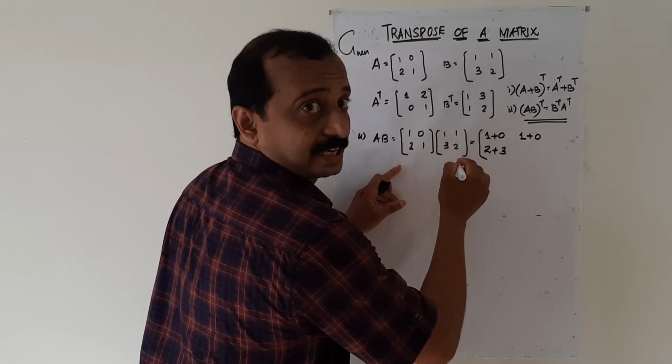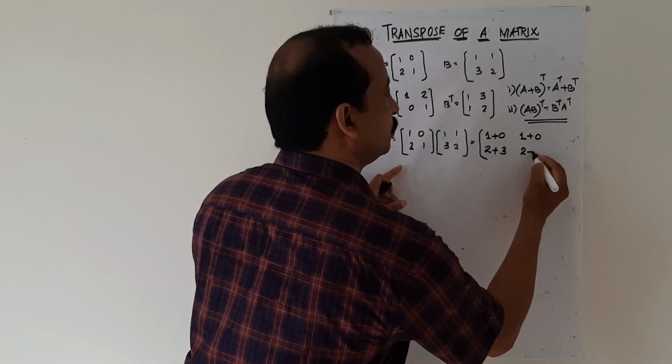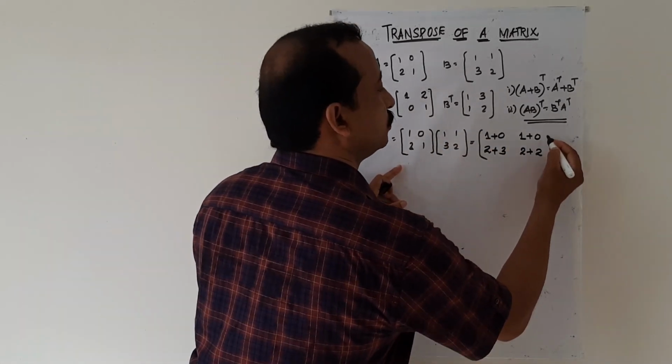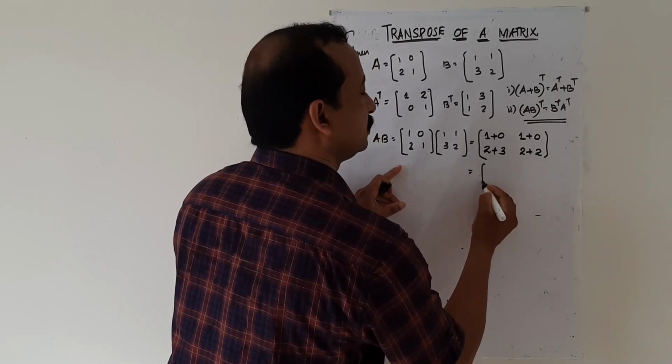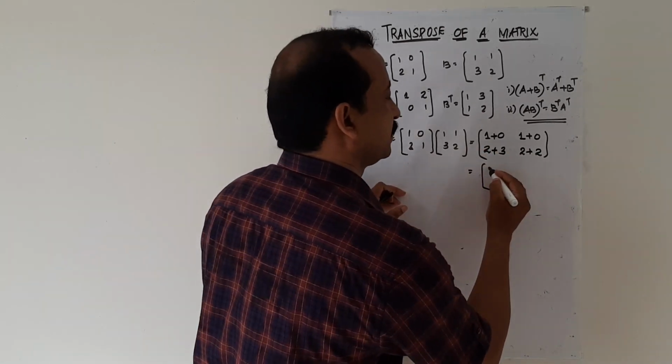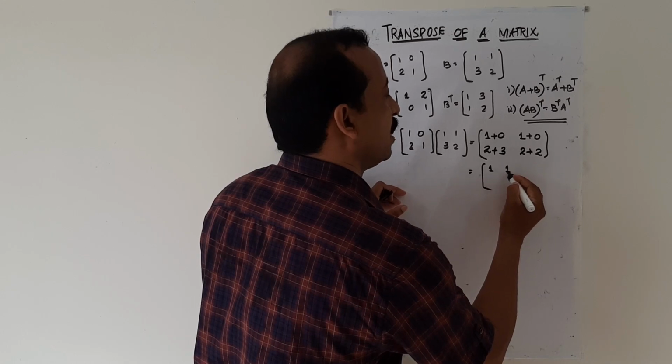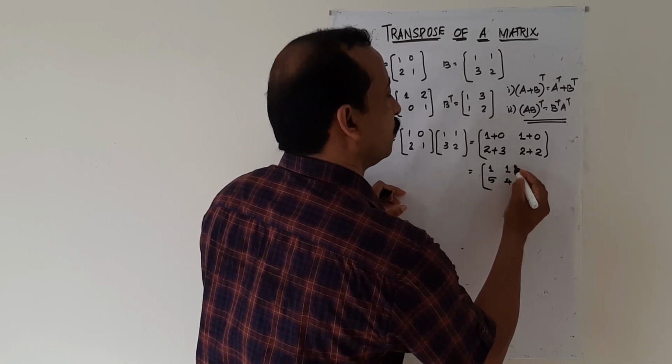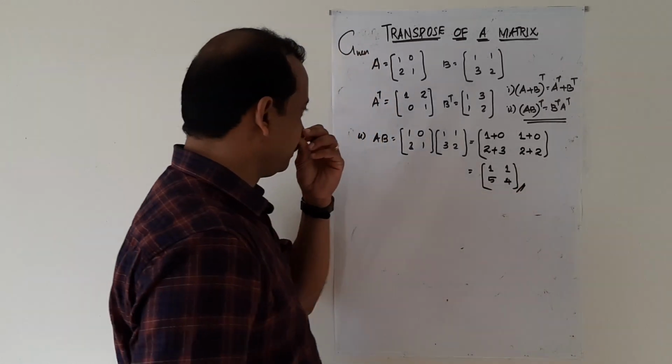Then second row second column, 2 into 1 is 2 plus 1 into 2 is 2. Now adding the elements of this matrix, we get the answer [1 1; 5 4]. That's all. That is AB.